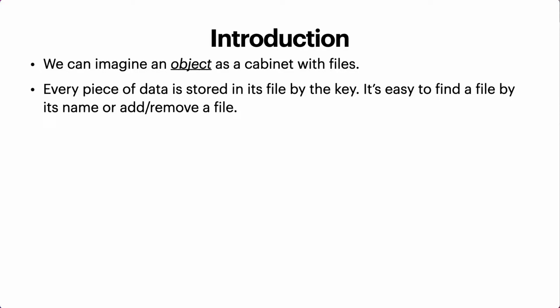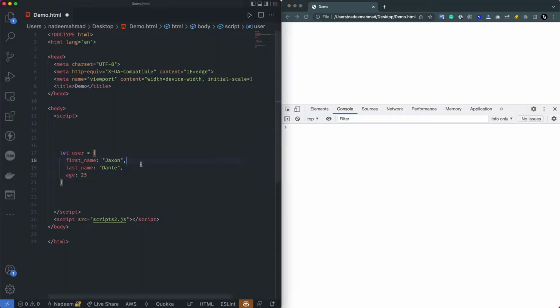So basically what we have seen here, for example, if you take an object, you can just imagine an example of a cabinet where we have different files. So each file has its own key name, and it has a certain type of data. So it could be anything.